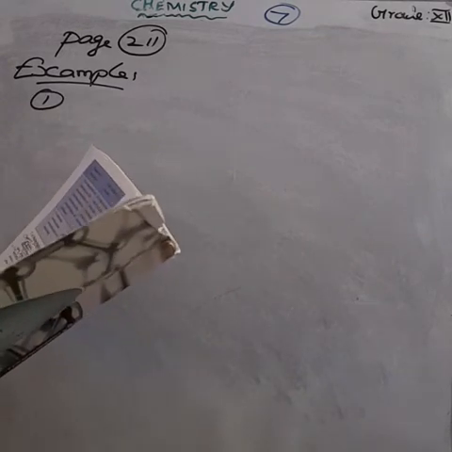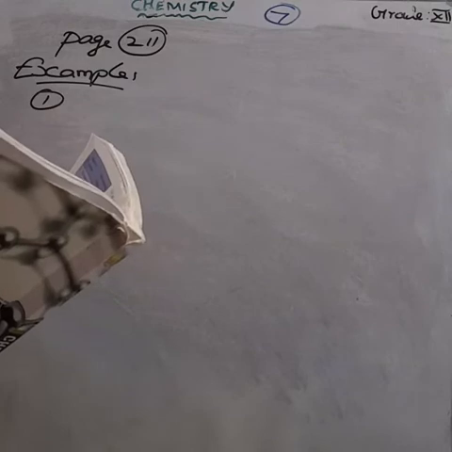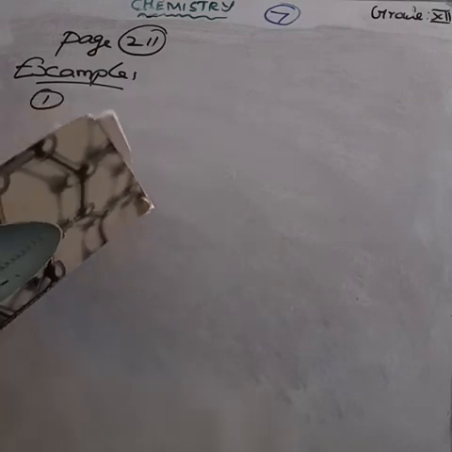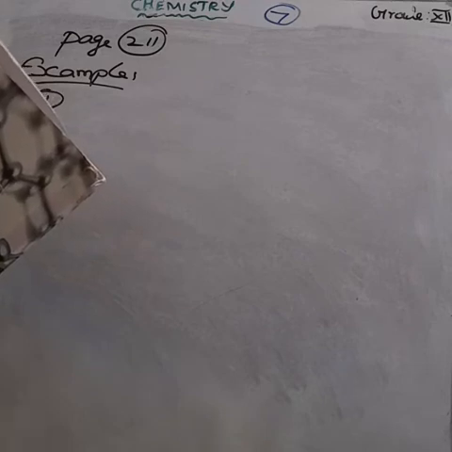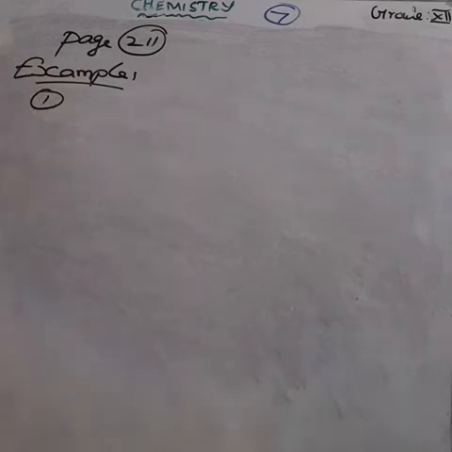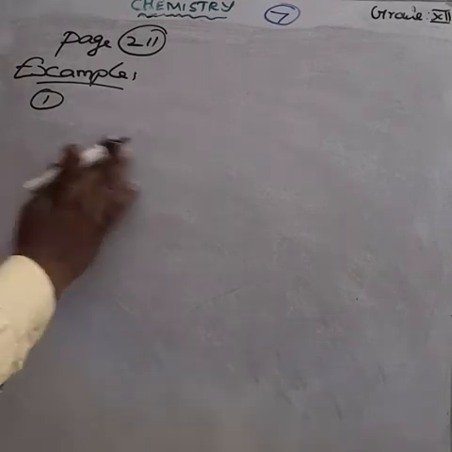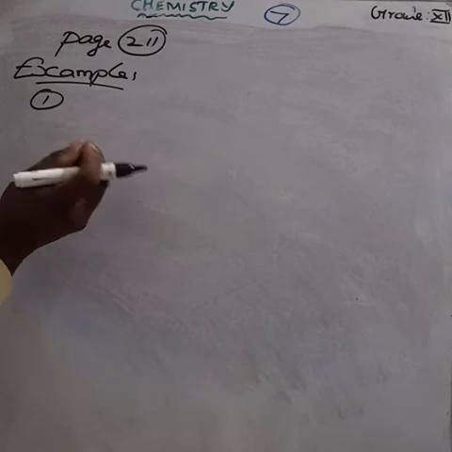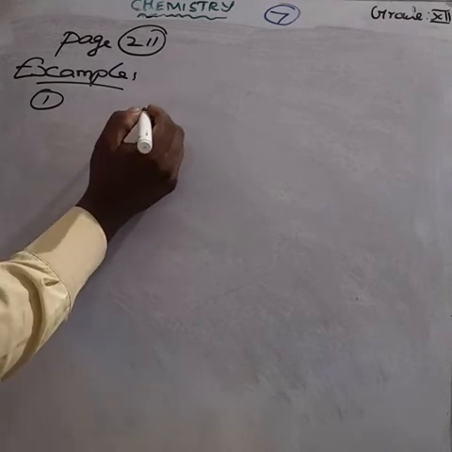NO reacts with oxygen and we get NO2 gas. Balancing the equation: reactant side 3 oxygen, product side 2 oxygen. So make it 2 NO2 on the product side and 2 NO plus O2 on the reactant side.